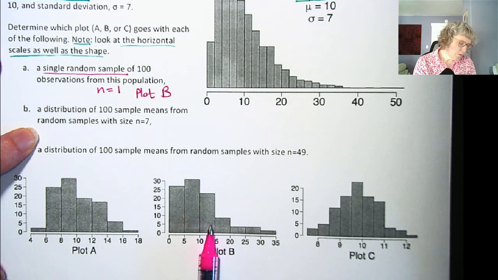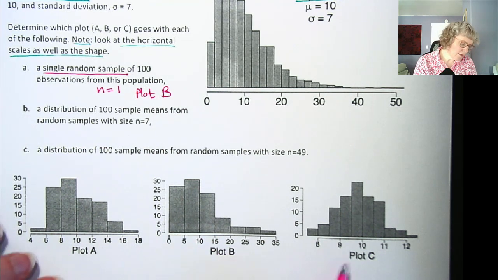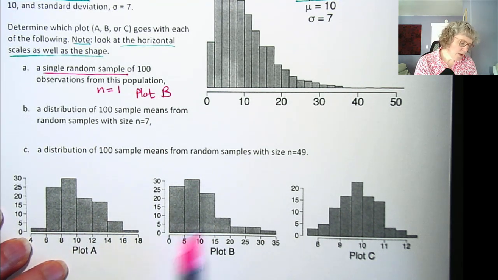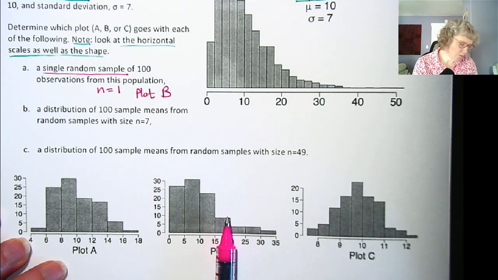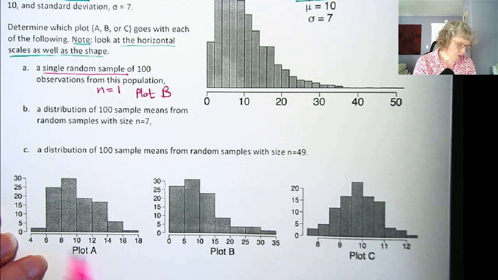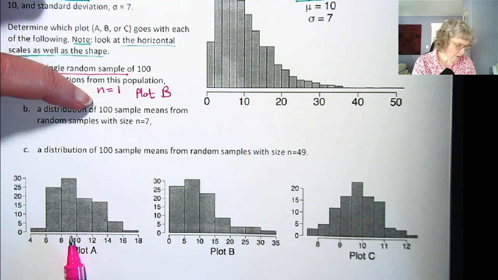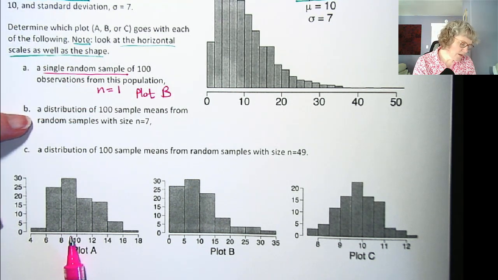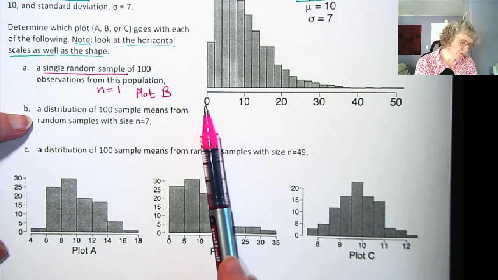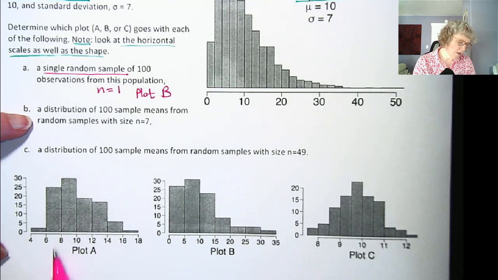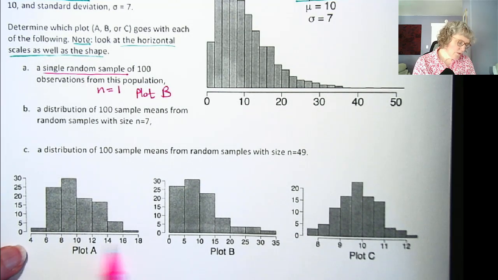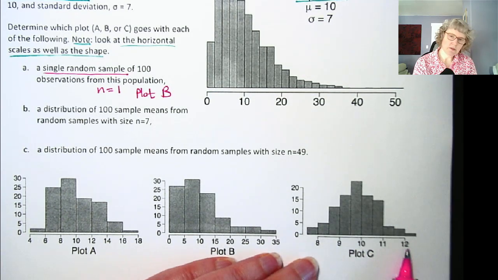Okay, now plot A and C are a little bit different because rather than representing one random sample, these are now averages. These are the sample means of 100 samples, random samples of size n equals 7. Let's look at our scale. So our original population went from 0 to just under 40. Plot A is going from 4 to 18, and plot C is going from 8 to 12.